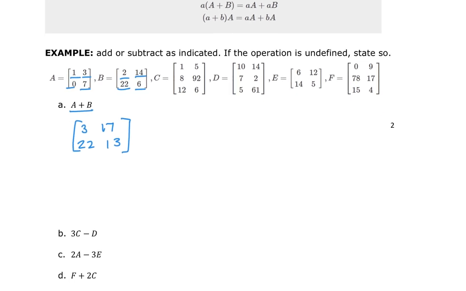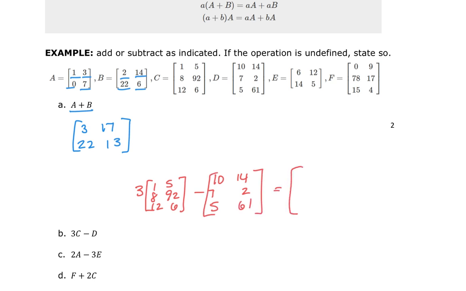So now I'm going to do 3C minus D. So first I'm going to do my 3C, so 1, 5, 8, 92, 12, and 6. And then I'm going to subtract off my D, which is 10, 14, 7, 2, 5, and 61.